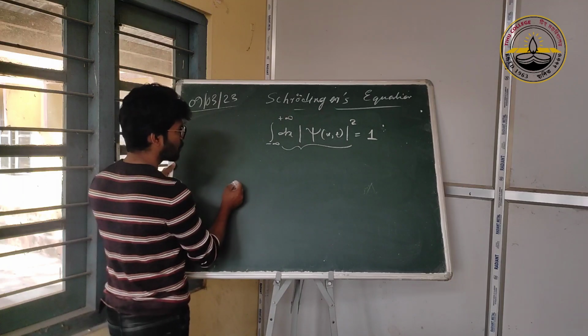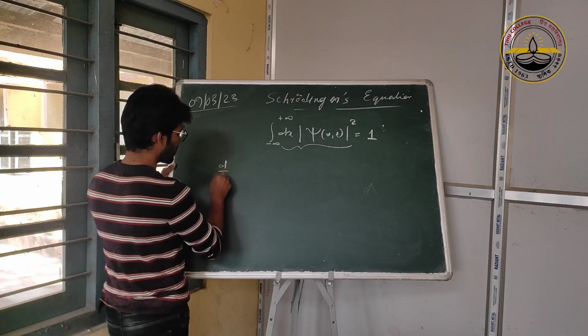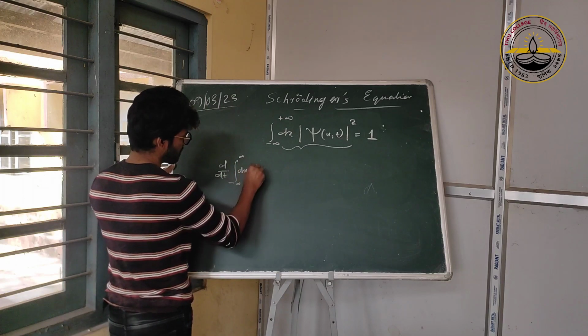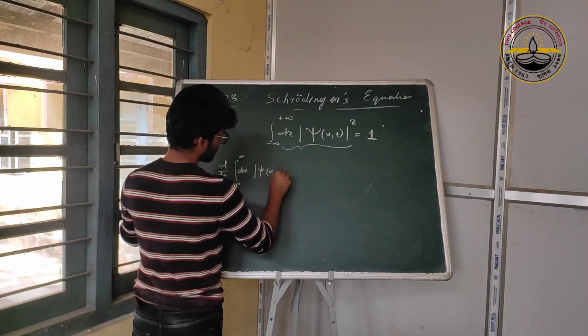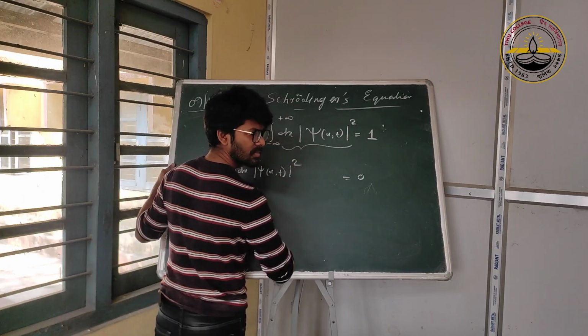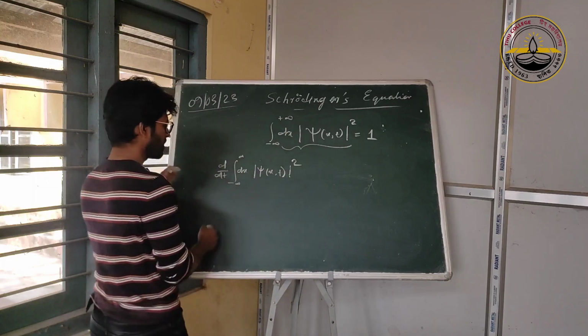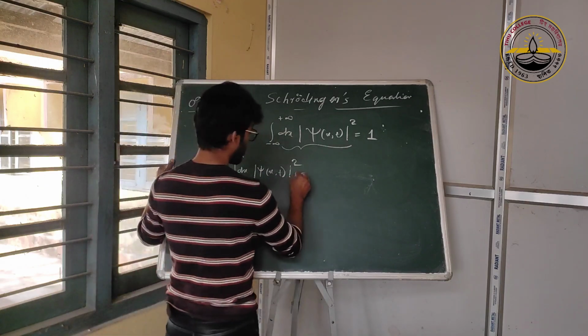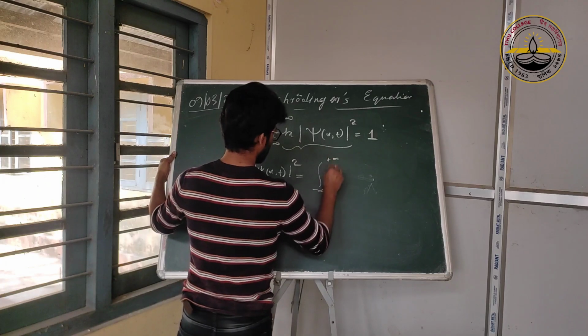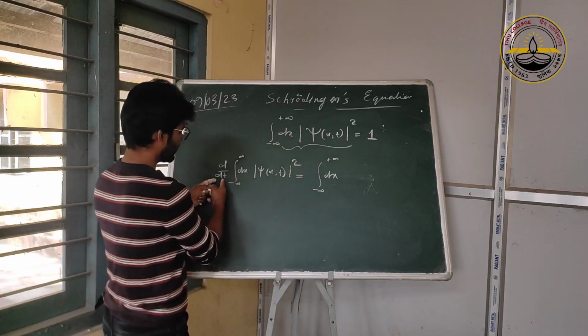So what we have to do is take a time derivative of this integral and show that it's equal to 0. So let's calculate that first. Okay, so this I can write as, this is a derivative on time.